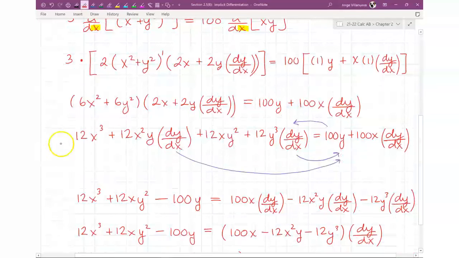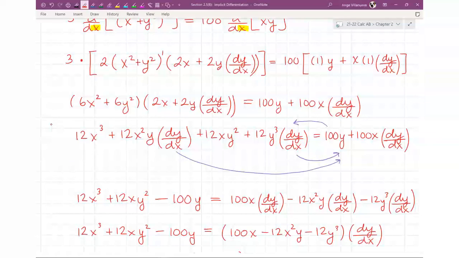Like right here. That's where I said, okay, I got a lot of terms. What am I going to do with that? I probably should join some of these terms together so I can get dy/dx by itself. Because remember, dy/dx, that's my derivative, right? And derivatives mean slope. It means tangent lines, rates of change, right? We haven't talked about maximums and minimums, but that's in chapter 3.